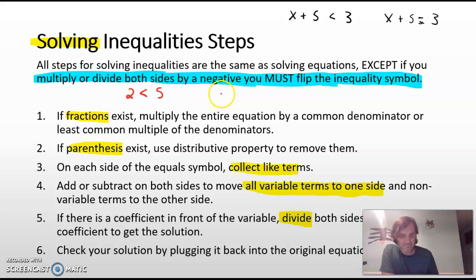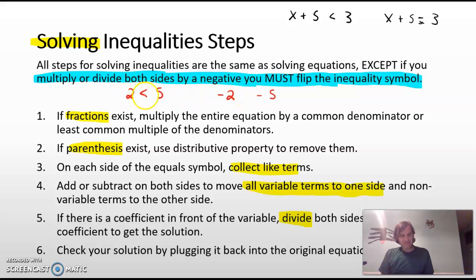But if we were to divide both sides by just even a -1 or multiply both sides by a -1, then we would have -2 and -5. Well, remember, if you walk to the negative side of the number line, -5 is actually smaller than -2.